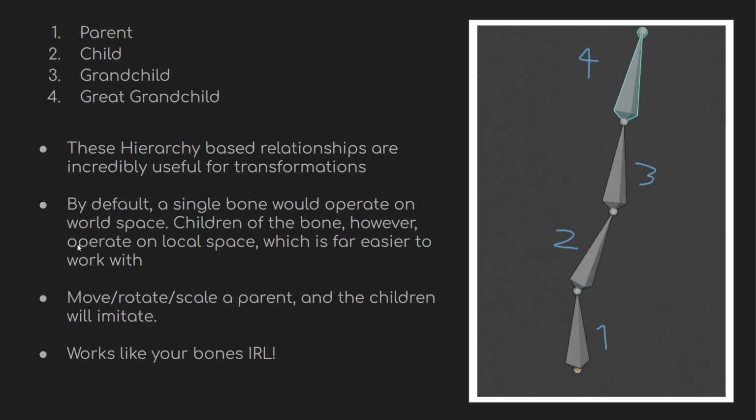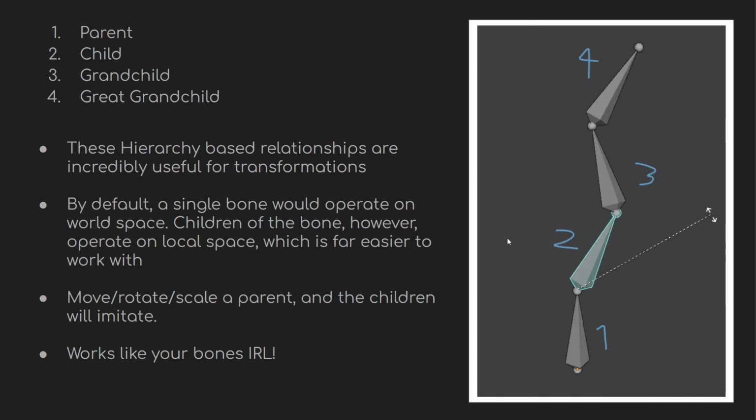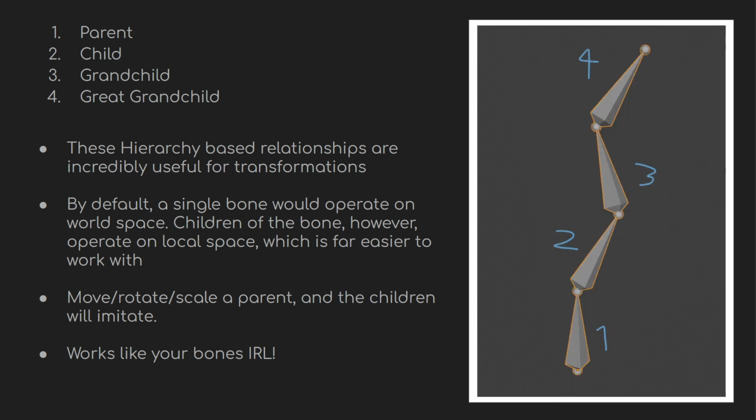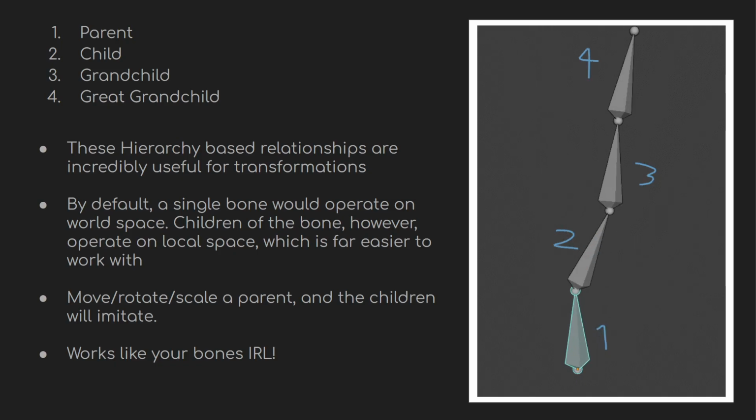Yeah. And so this kind of works like your bones in real life, in your body, right? Let's say, if you can see my arm, the shoulder joint here is the parent of the rest of the arm, and then you have the elbow. So if I rotate my shoulder, the rest of my arm is moving in global space, but in local space it's not moving at all.